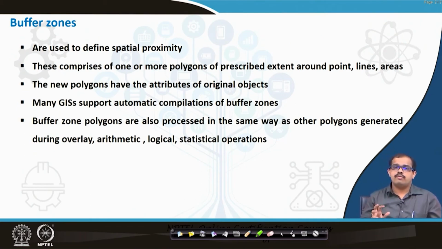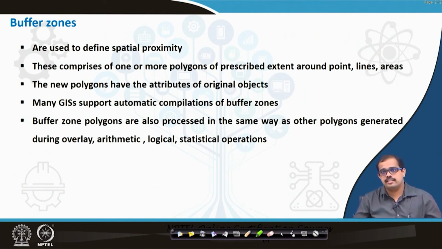Or let us say you have a water body and you want to find out the watershed of that particular region. A watershed should be relatively covered with vegetation, and you should understand that.